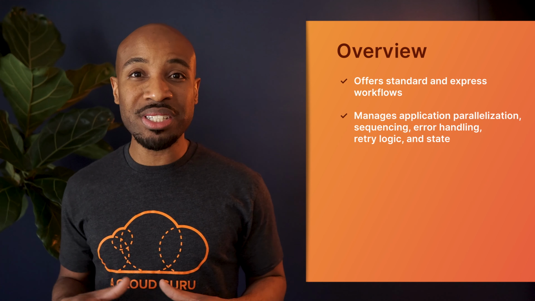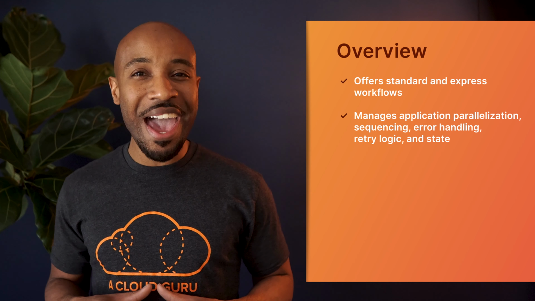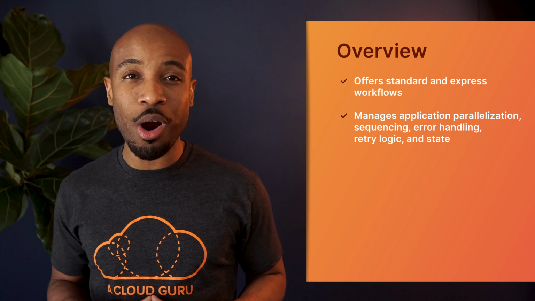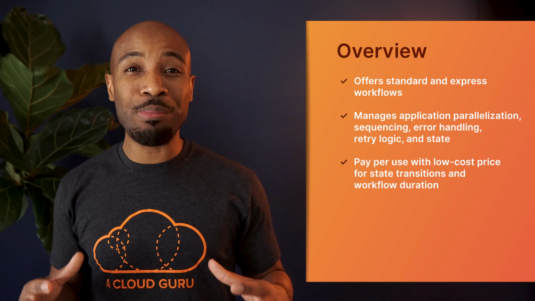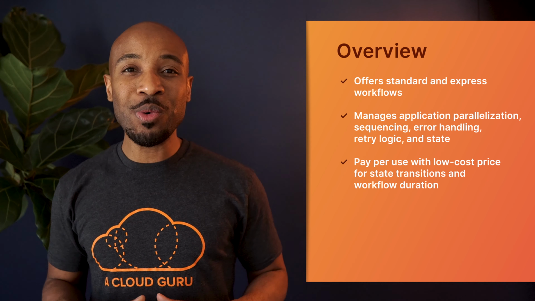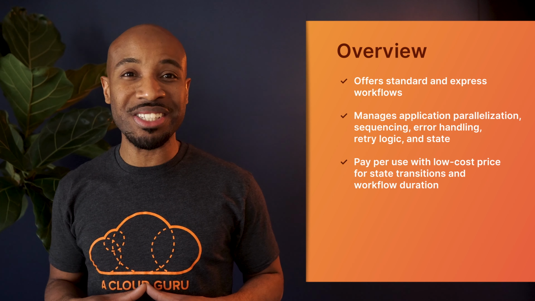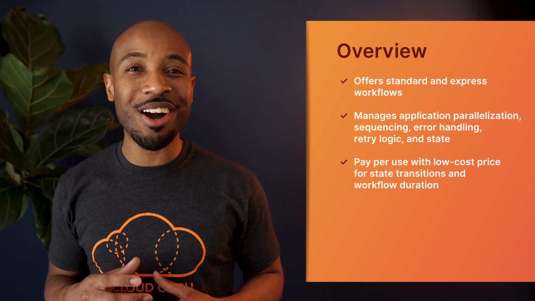This functionality also makes it easy for states to pass data to other states and microservices to handle exceptions, add timeouts, make decisions, as well as execute multiple paths in parallel and more. And last but not least, AWS Step Functions has a budget-friendly pricing model, which is pay per use with a low-cost price for state transitions and workflow duration, which brings us to our next point, cost.